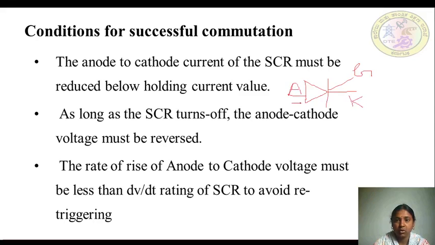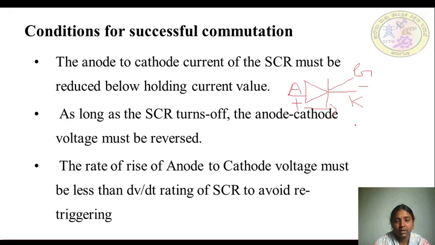Anode will always be positive and cathode will be negatively connected in order to operate the SCR in the forward biased region. Since SCR is a unidirectional device, the current flowing through this anode to cathode is called the anode-cathode current.